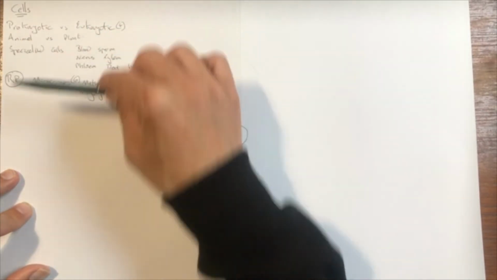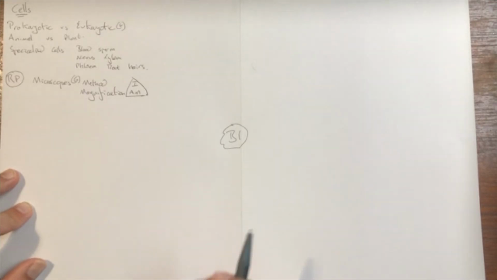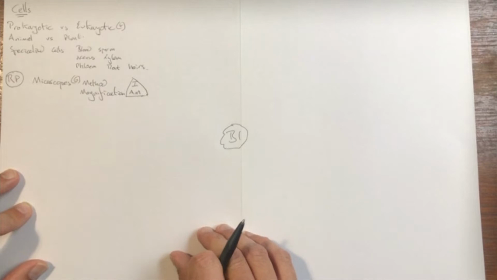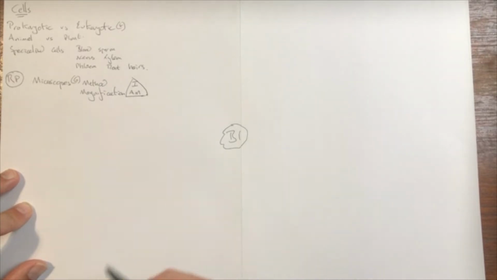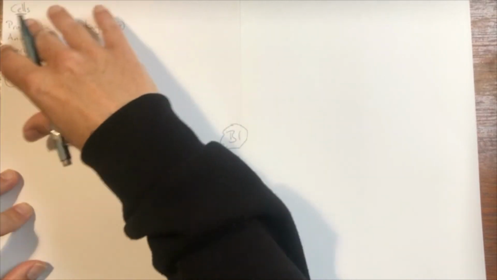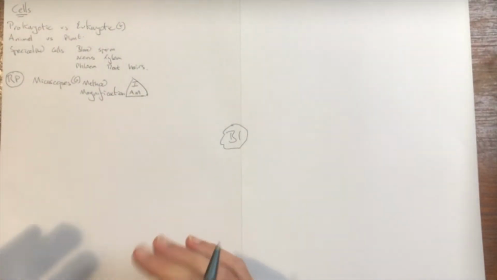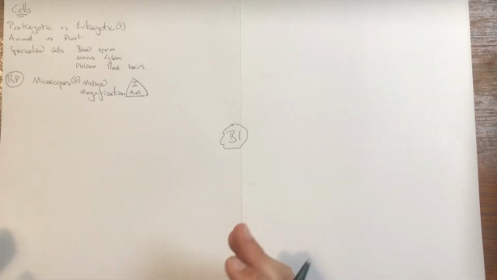Flashcards about prokaryotic and eukaryotic cells, flashcards about animal and plant, and flashcards about specialised cells, and perhaps one about the required practical. Now, what we do with flashcards, you should remember, is that we use them to do retrieval practice. The aim of this is not the making of this mind map or the flashcards themselves. What this is going to do is allow us to structure our revision.